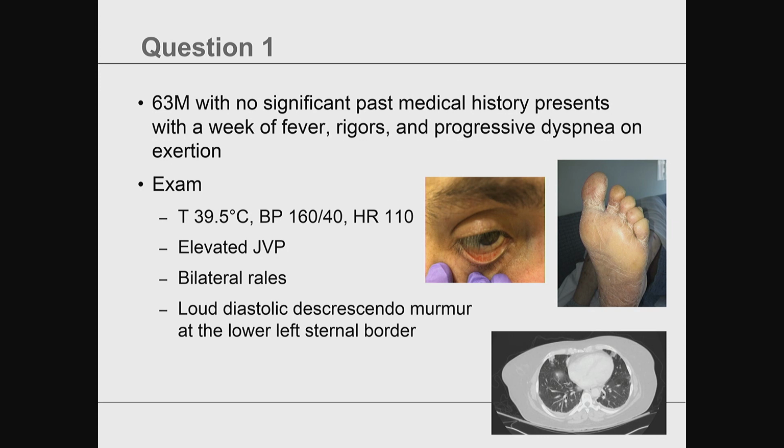In the second picture, we can see that he has Janeway lesions. He has bilateral rales on exam and a loud diastolic decrescendo murmur that's loudest at the lower left sternal border. Then you obtain chest imaging, which shows concerns of pulmonary septic emboli.